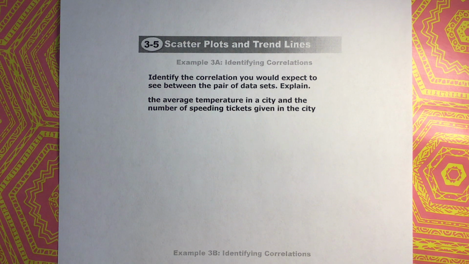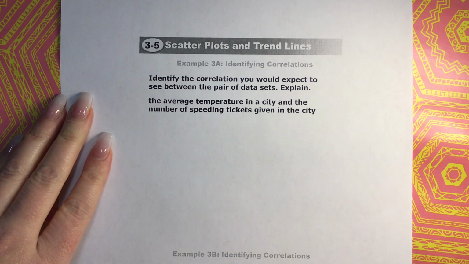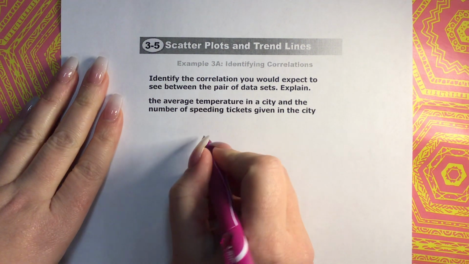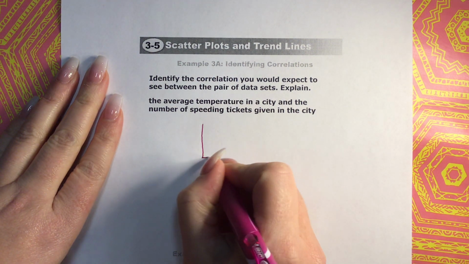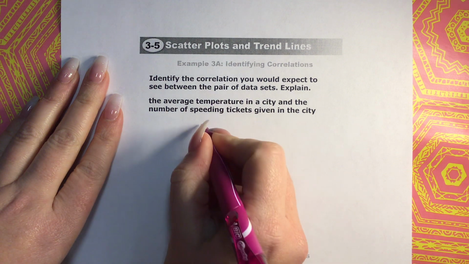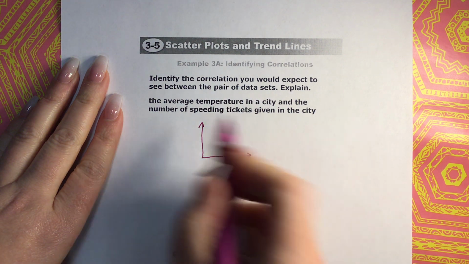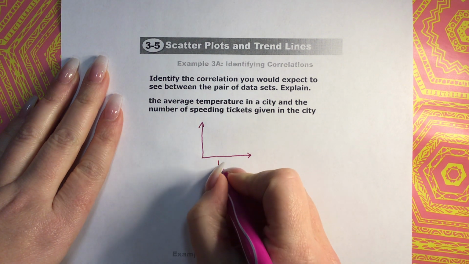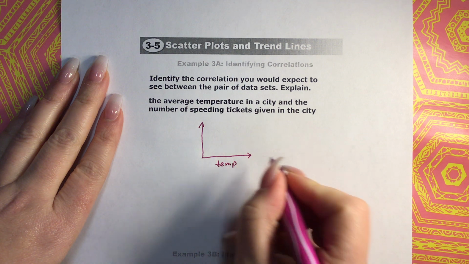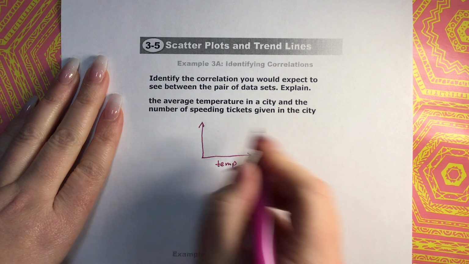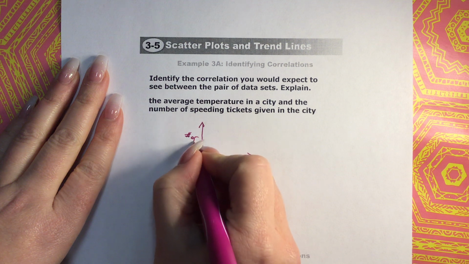Okay. So a lot of times when I'm doing something like this, I like to create a graph of my own. So we have temperature, right? And then we have number of speeding tickets.